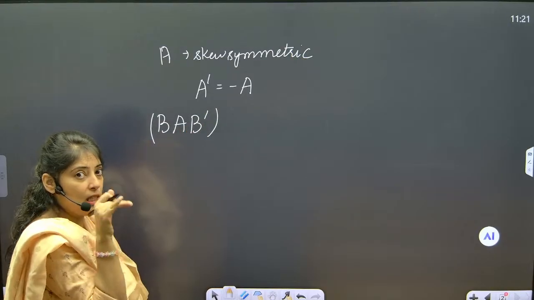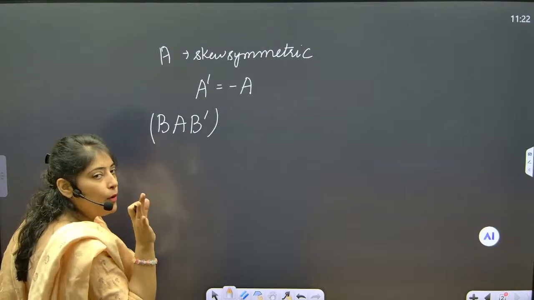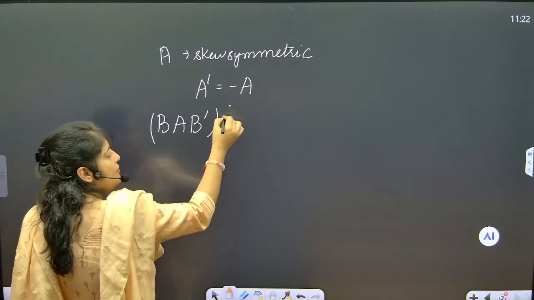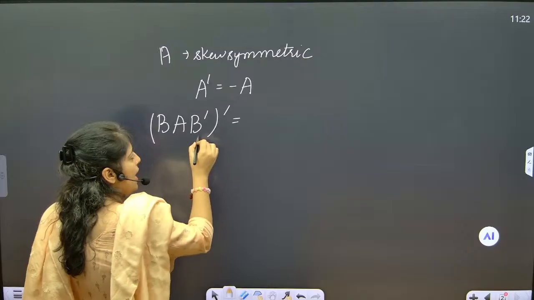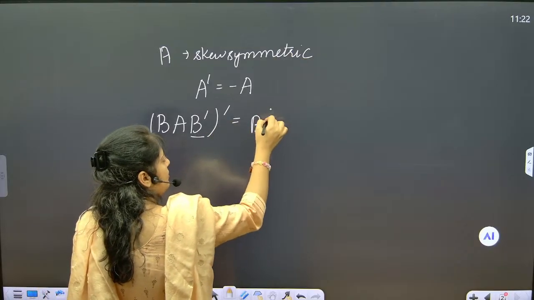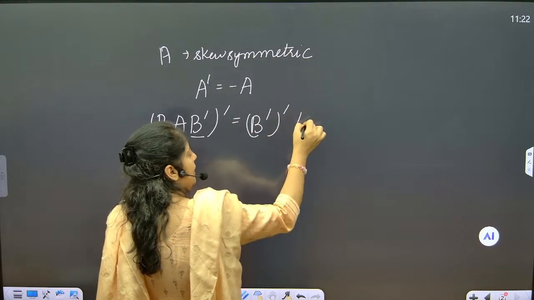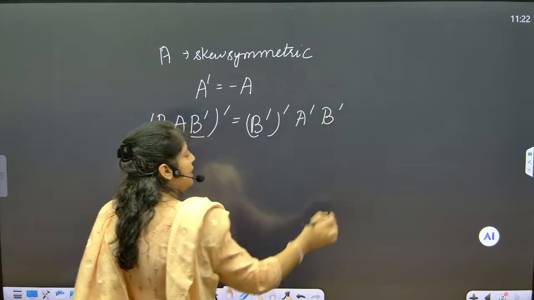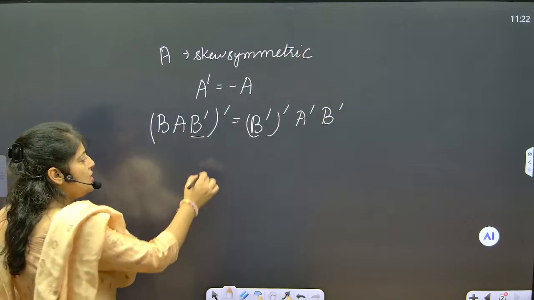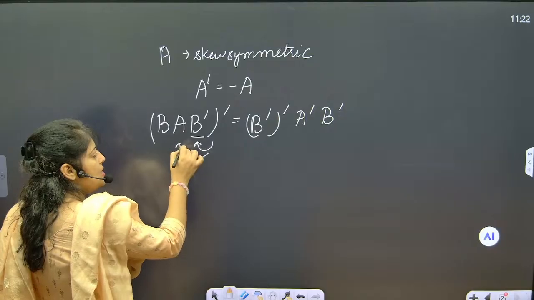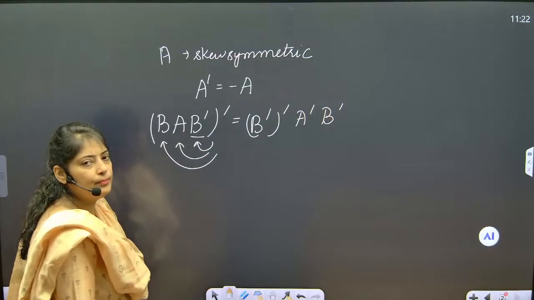Again we have to see its nature. It will come out to be skew symmetric only. Now see, start with its transpose. As I said, we will change the order: B dash, A dash, and B. First of this, then of this, then of this.